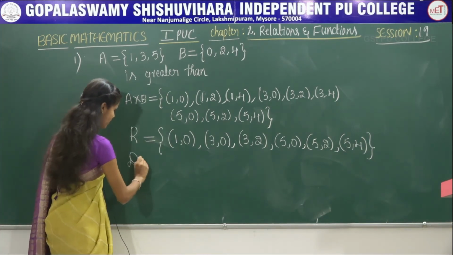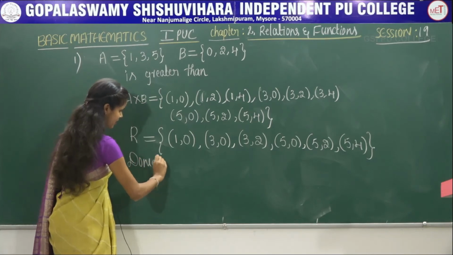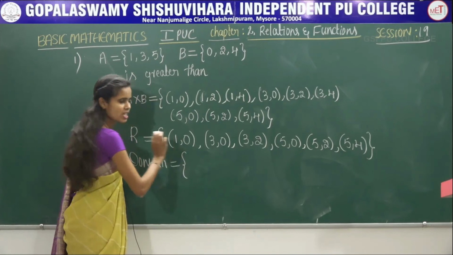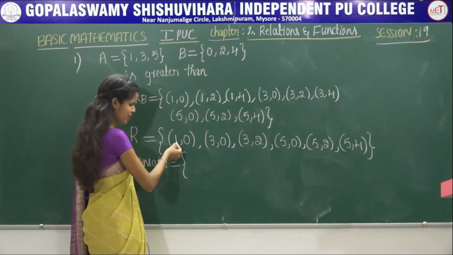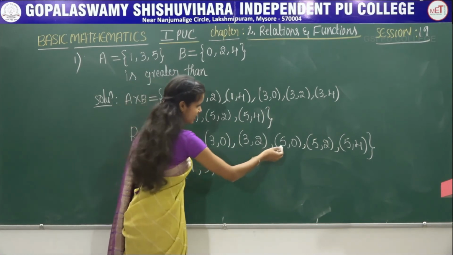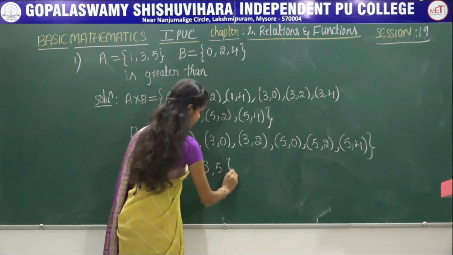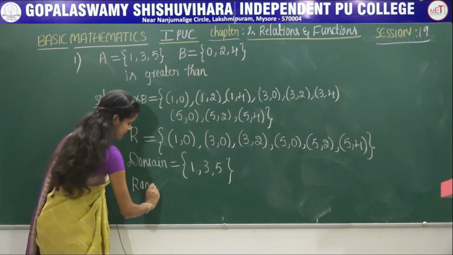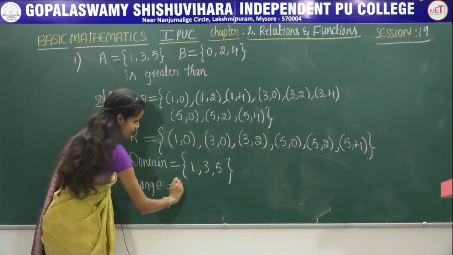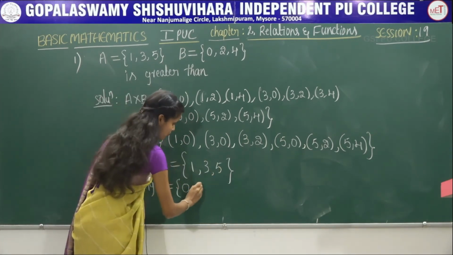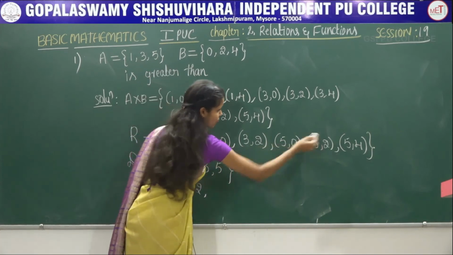So next write the domain, codomain and range. Domain means the set of all first elements of the ordered pairs. First elements 1, 3, which we have already written, 5. So 1, 3, 5. Next, range means the set of all second elements of the ordered pairs. Second elements 0, 2, 4.